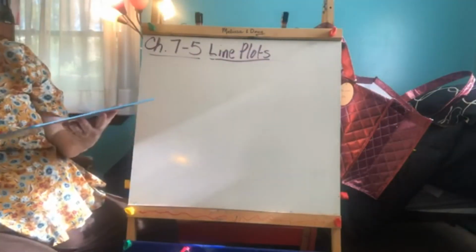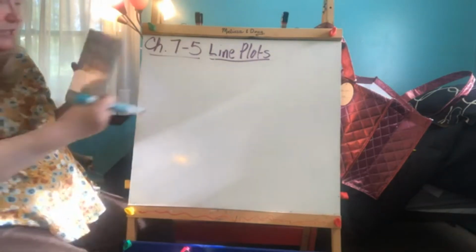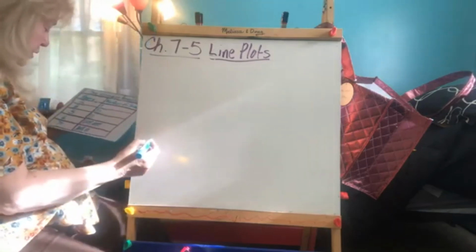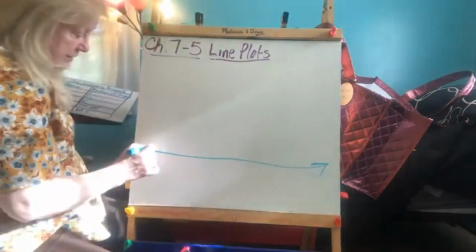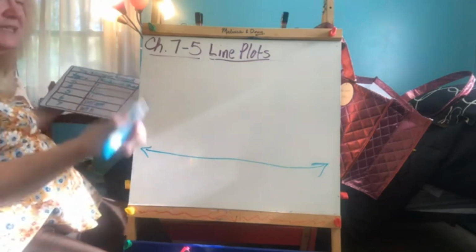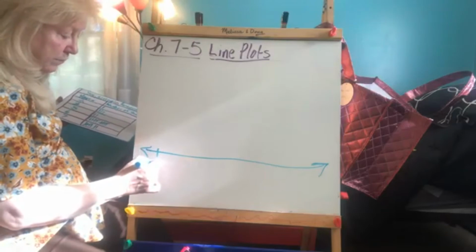Okay, so number 1 says, make a line plot from the data in this tally chart. So we're going to make our number line on the bottom, because that's step 1. And it's going to go from 2 to 7, which, remember, I told you I wanted you to start a little bit before.